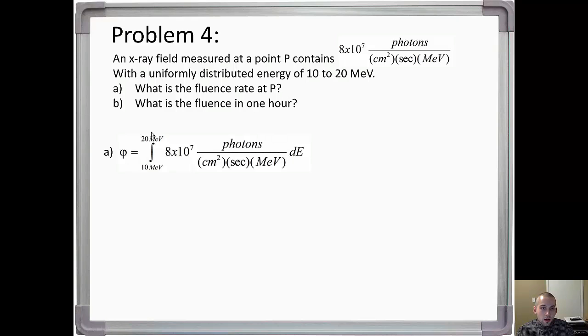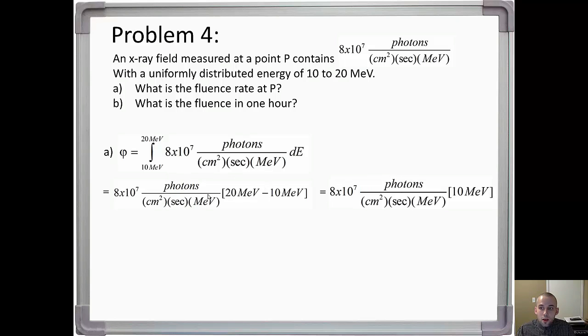Okay, so we're going to have to create an integral to calculate the fluence rate. We have the energy fluence rate. So this is our distributed energy for our integral, 20 MeV over 10 MeV. And when we take the integral, we're left with E, and we can just sub in 20 MeV minus 10 MeV equals 10 MeV.